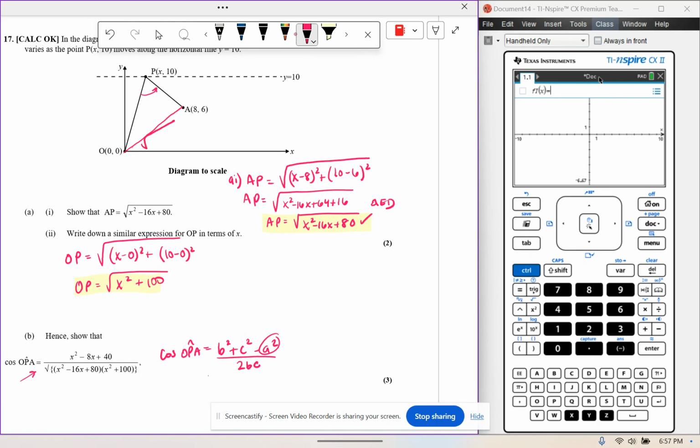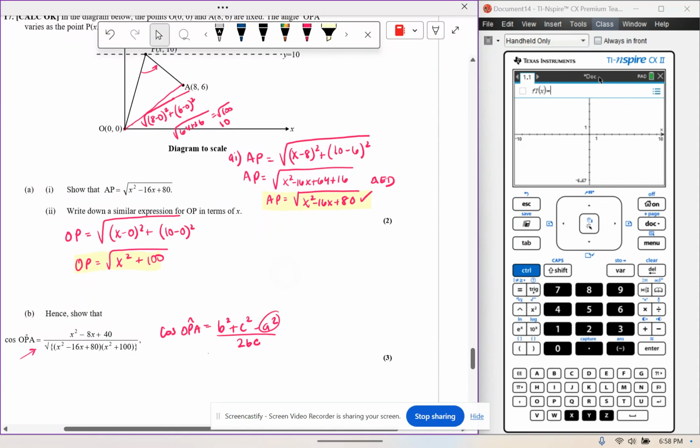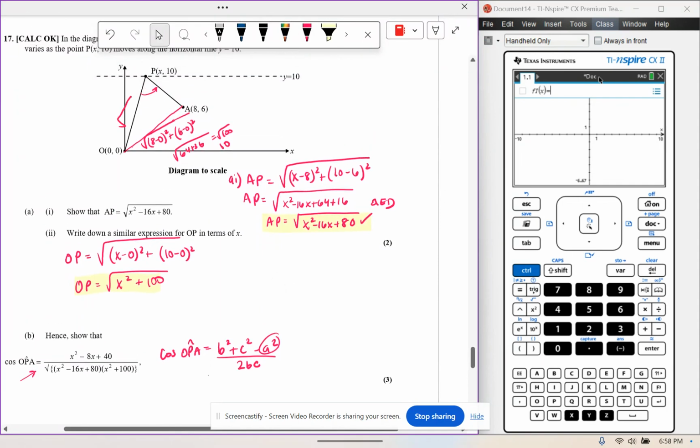So the square root of, this is my first x, 8 minus 0 squared plus 6 minus 0 squared. So it's going to be 64 plus 36, which is 100, and then it's going to be 10. Okay, cool. So now I have all my stuff. Let me label them: x squared plus 100. This makes it easier to sub into the formula.